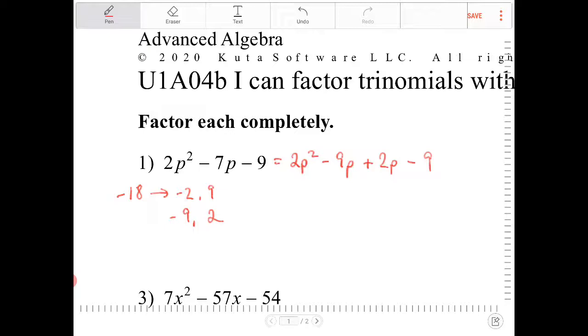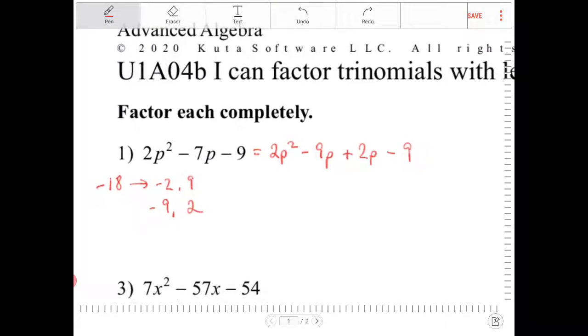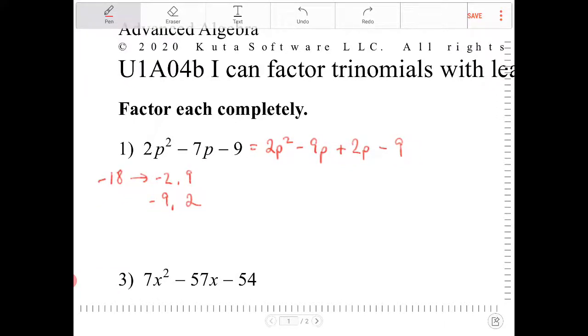Do you see how the middle, negative 9p plus 2p, does in fact give us negative 7p? And this gets into a skill that we're going to look at in the upcoming video, which is factoring by grouping. If you notice right now, there's a GCF up in front, and actually, there's no GCF behind it.